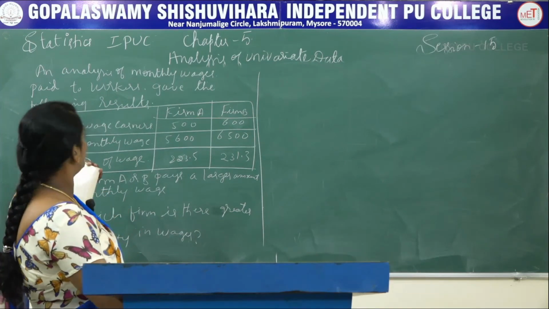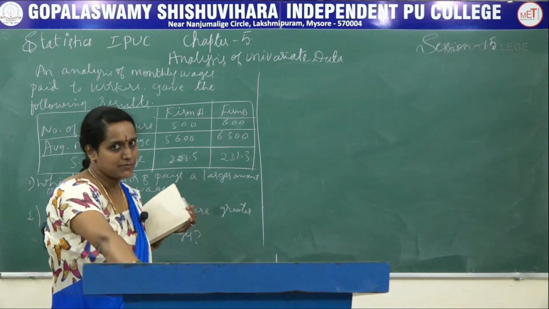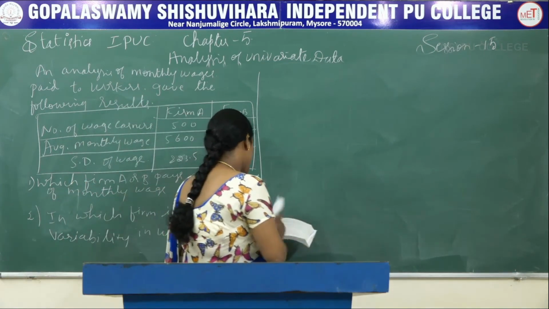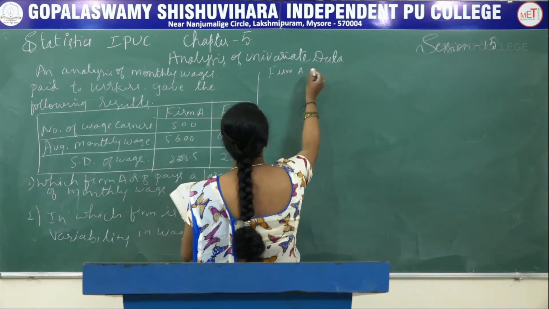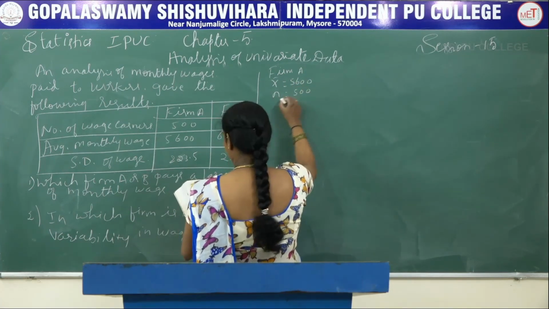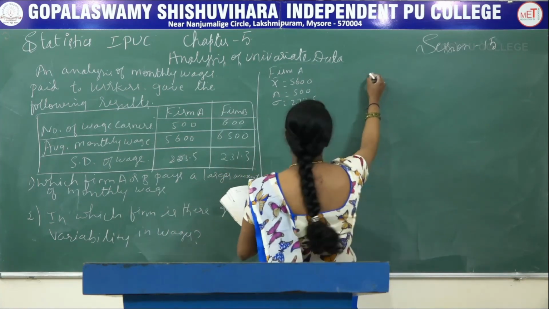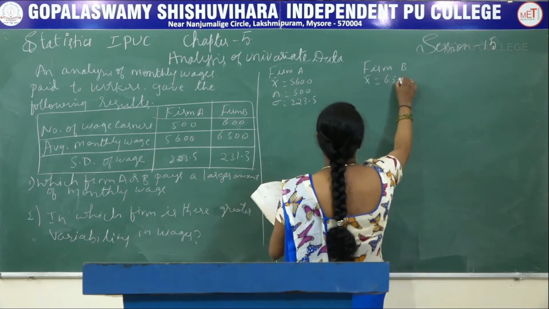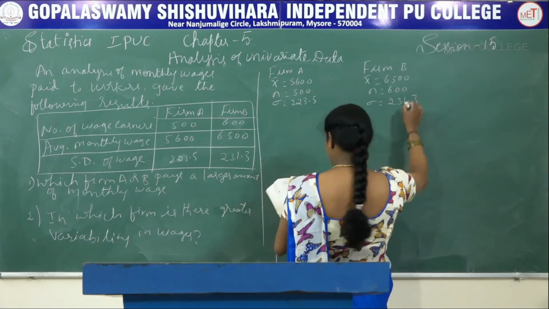They have given the number of workers for firm A and firm B, average monthly wages, that is X bar 1 and X bar 2, and standard deviations of the two firms. First we will see the data. For firm A, X bar is equal to 5600, N is equal to 500, sigma is equal to 223.5. And for firm B, X bar is equal to 6500, N is equal to 600, sigma is equal to 231.3.